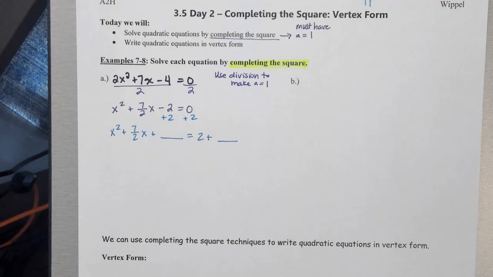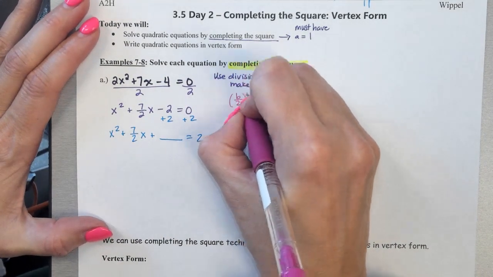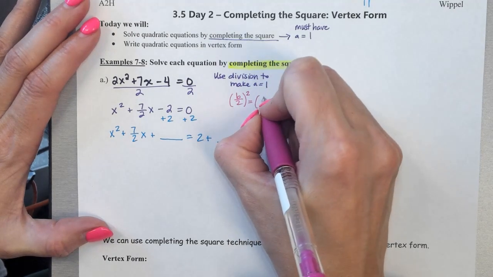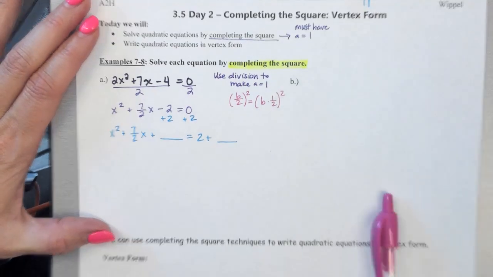I want you guys to think about what the formula is for filling in those blank spaces. Yep, half of b squared. So normally what we do is we divide by 2. Whenever you have a fraction, though, it's a lot nicer to think of it as multiplication. If you cut something in half, that is the same thing as multiplying it by a half, right?